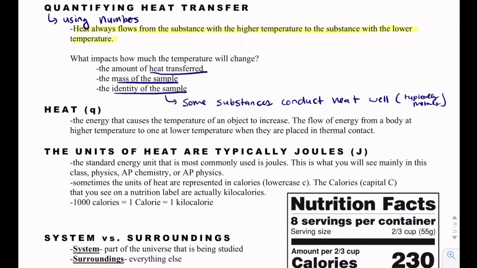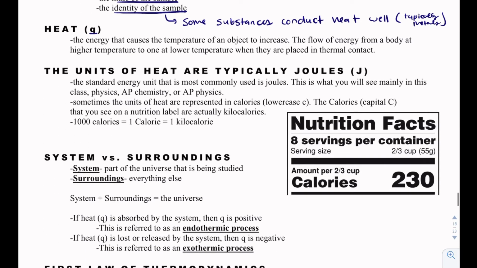Heat is going to be the lowercase q as our symbol. We've talked about how a positive q is going to be endothermic and a negative q is going to be exothermic. The units of heat that we're going to use in this unit are joules, a capital J. Now, when you take AP Chemistry or AP Physics or other classes, you may see calories, and kind of interesting, we have lowercase calories and capital calories.